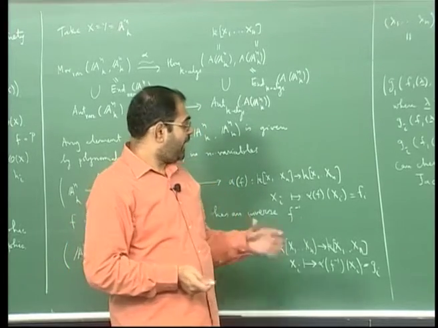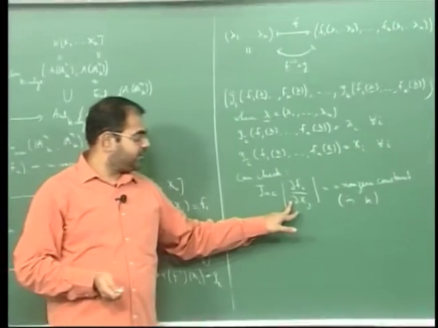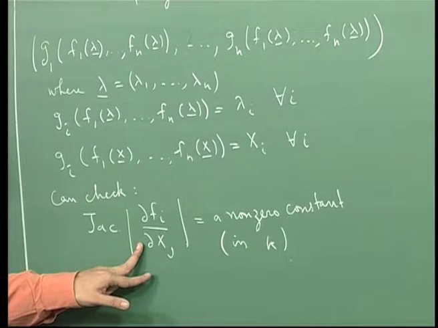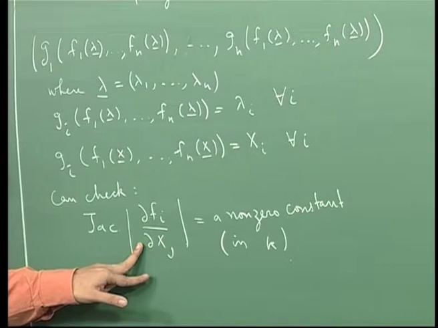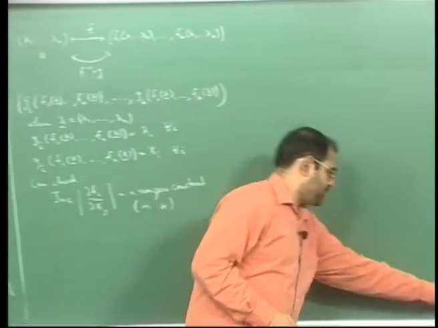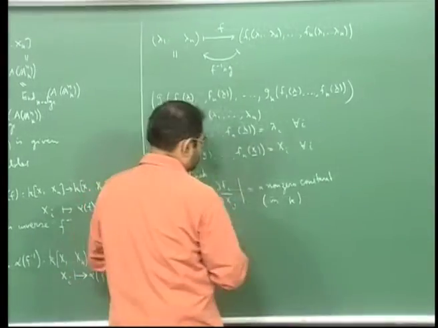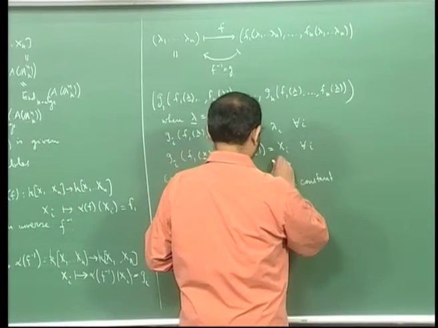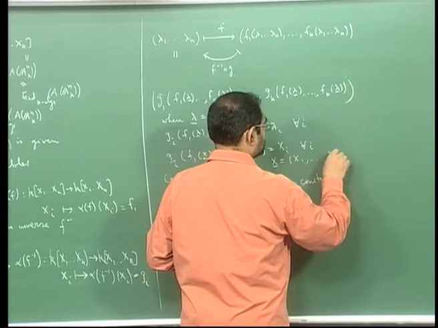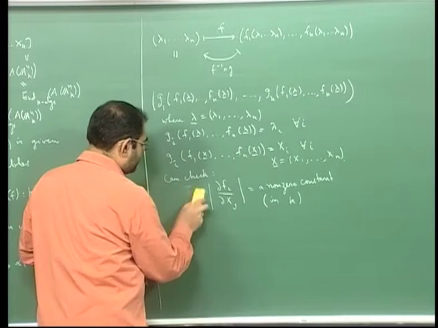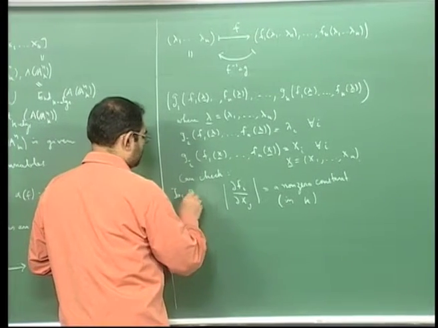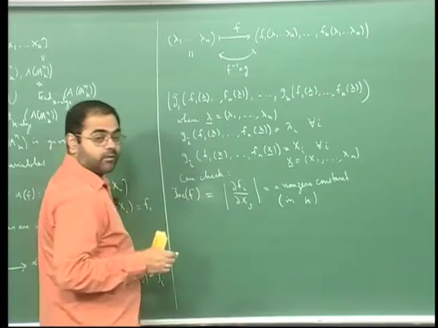Then, if you look at the Jacobian determinant, where x underline stands for x1 through xn, maybe it is better to write this as the Jacobian of f and call it like this.